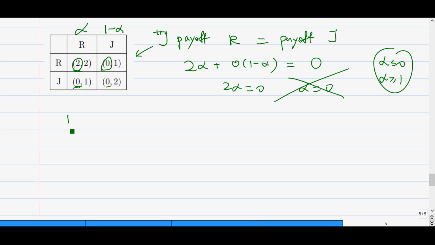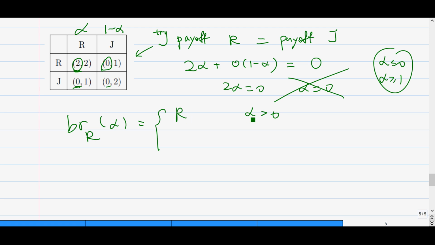So let's do this. So the best response of Romeo, given Juliet playing with probability alpha and 1 minus alpha: if Juliet goes to Robots with any probability, then there is a probability that I get 2. Otherwise, I always get 0. So R is the unique best response.